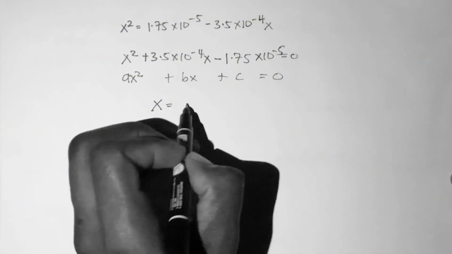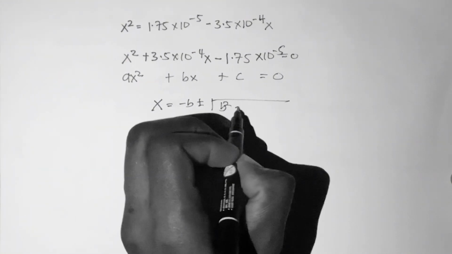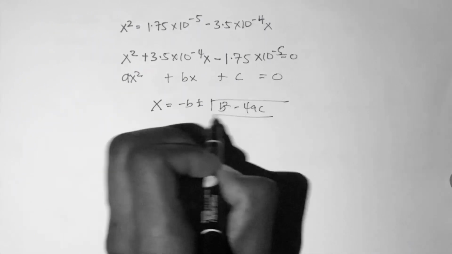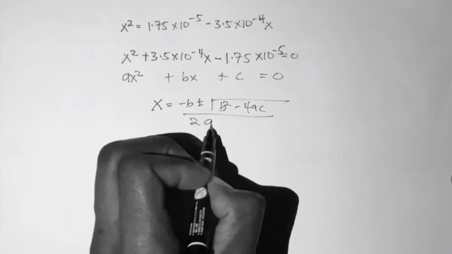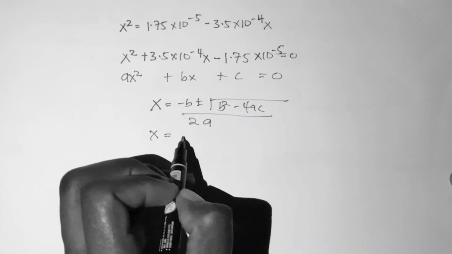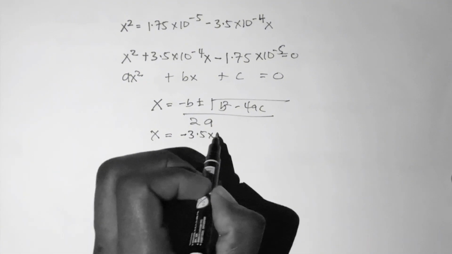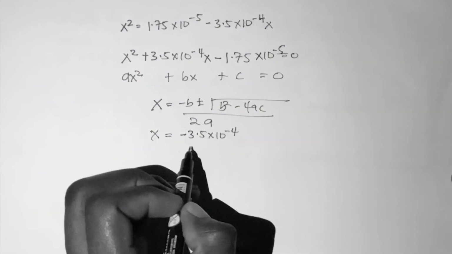So x is equal to minus b plus or minus square root of b squared minus 4ac all over 2a. So x in this case, minus b is minus 3.5 times 10 exponent minus 4.